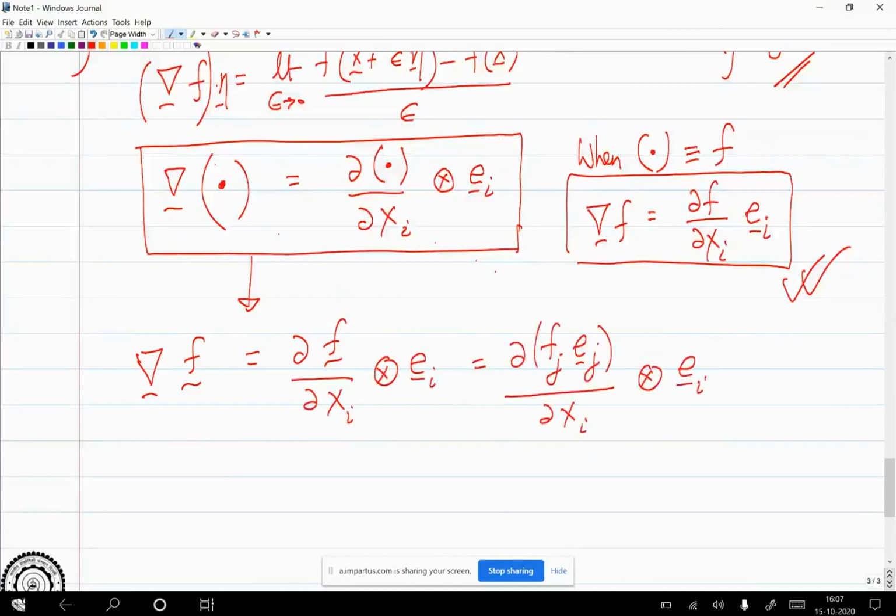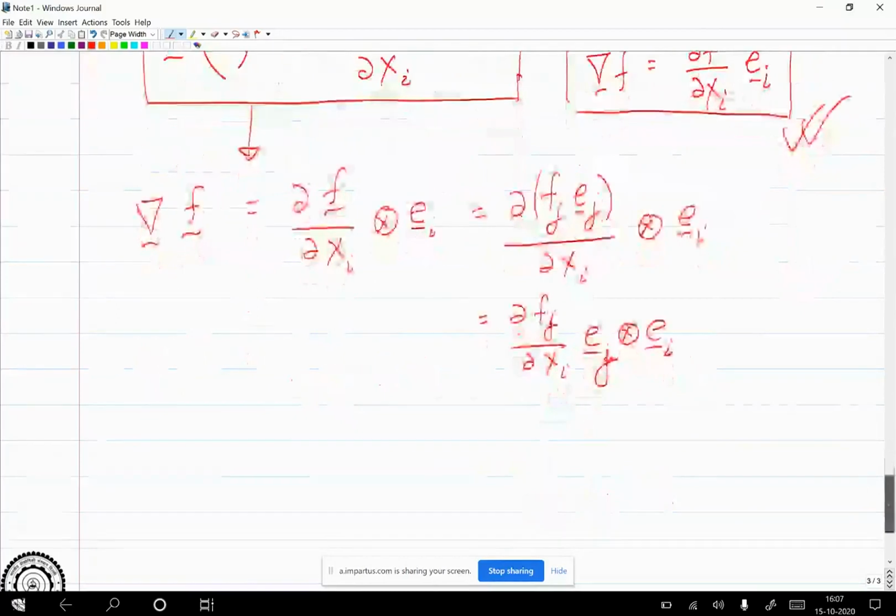And if E1, E2, E3 are not changing with x1, x2, x3, for example in a Cartesian coordinate system where E1, E2, E3 are fixed, then this becomes del fj over del xi of ej tensor product ei.